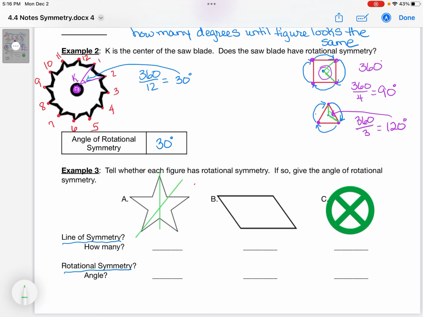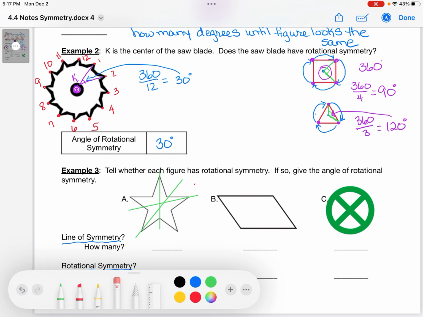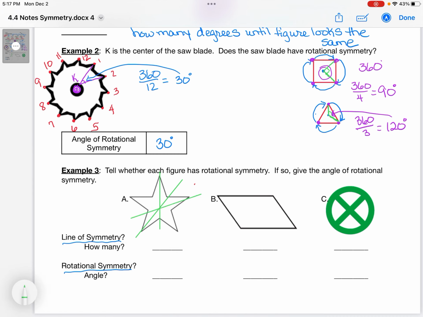I can draw it, and if I could draw it through one corner, I can draw it through all the corners. Let's delete that one and try again. Okay, so there should be 5 lines.